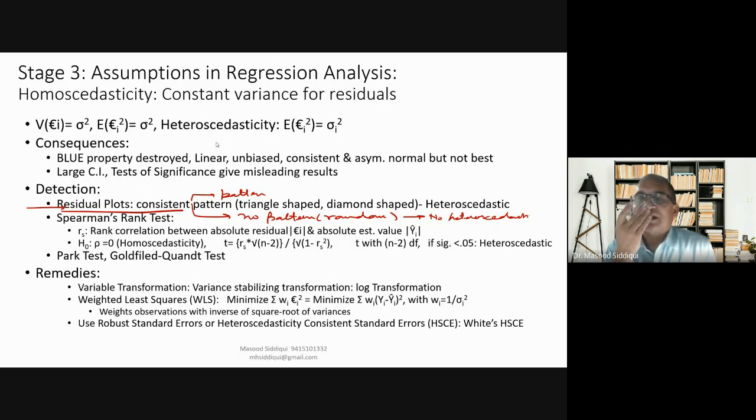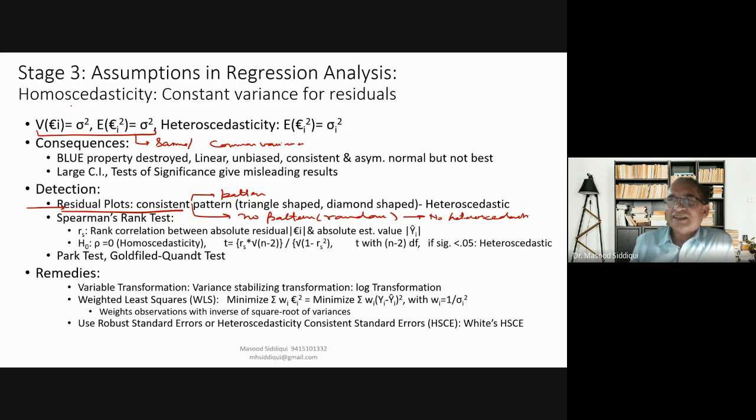Heteroscedasticity and homoscedasticity. Actually, the assumption is that the variance of all the error terms should be the same. Means all the error terms should have common variance. If this is the case, then this is known as homoscedasticity. Homo means same.